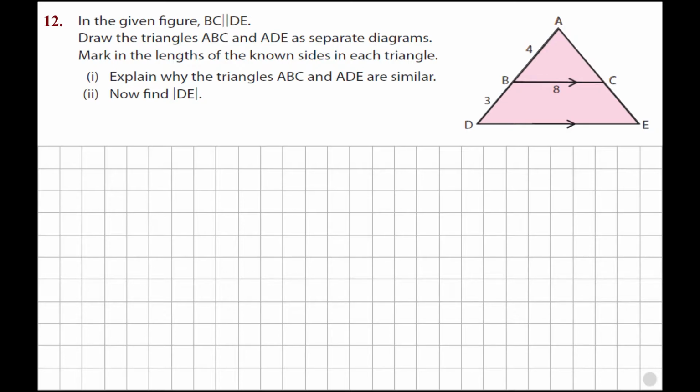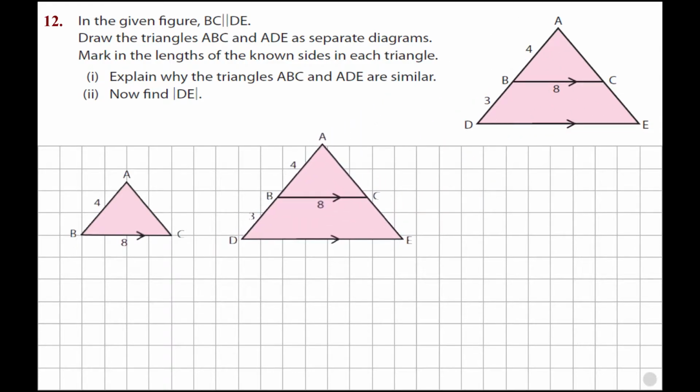They wanted us to separate these two triangles, so that's what we'll do. We'll bring that one down there, and we'll bring this one down here. Explain why these triangles are similar. The reason why these triangles are similar is because these lines are parallel.